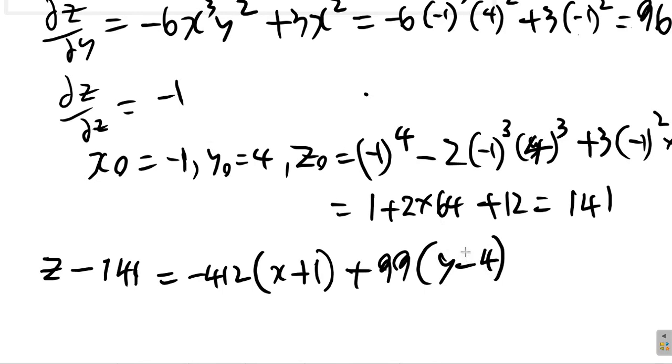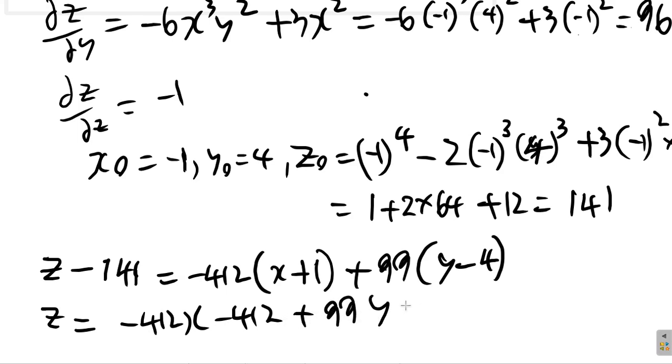Okay, so we put this together now. z equals, if we add 141 to both sides, we get negative 412x minus 412 plus 99y minus, we have 99 times 4, giving us 396, plus 141.